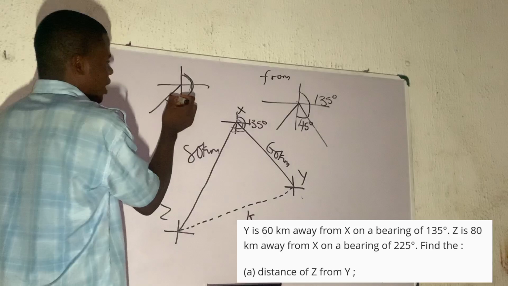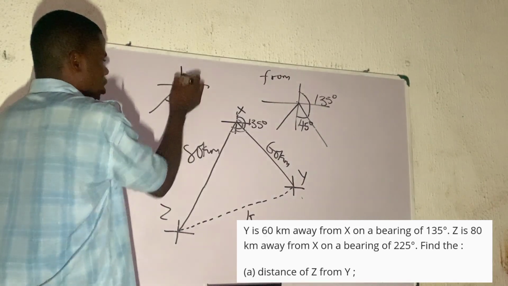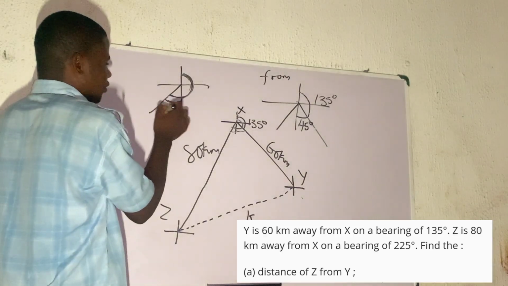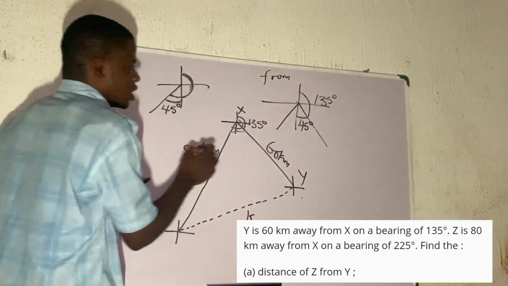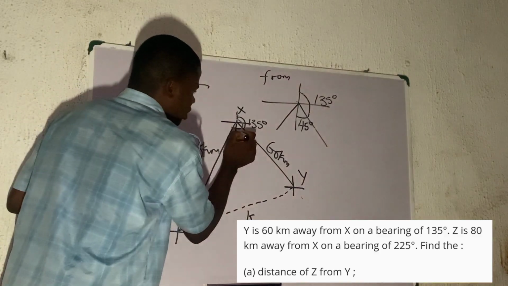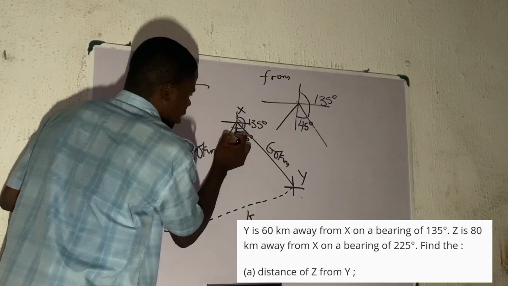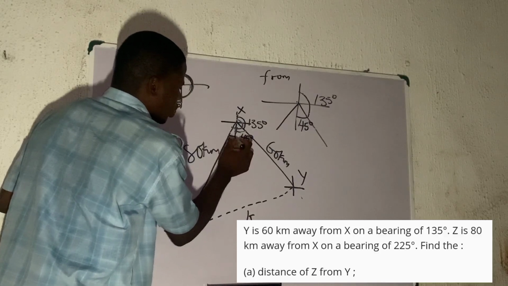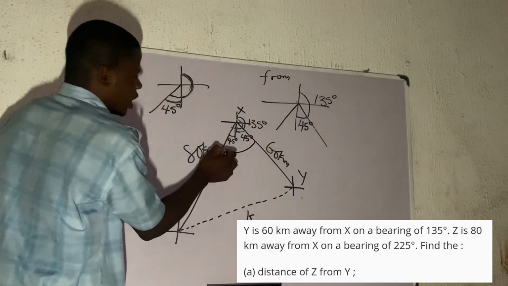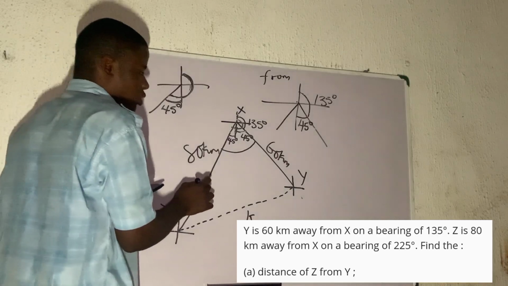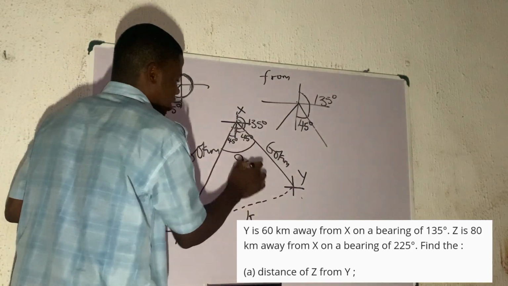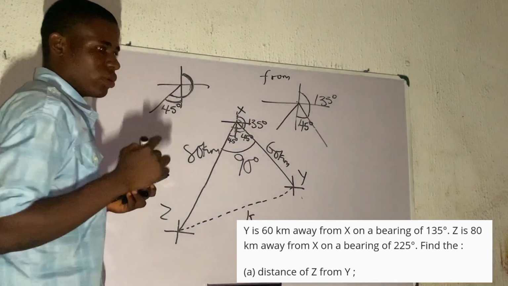So 225 minus 180 will leave us with here, which is 45 degrees. Does it make sense? So I found the value of this smaller angle, which is 45 degrees, and equally the smaller angle here, which is 45 degrees. So it means that the total angle inside this triangle must be 45 plus 45, which is 90 degrees.